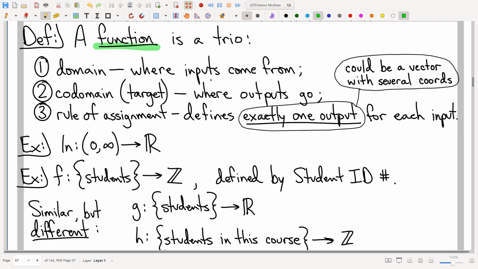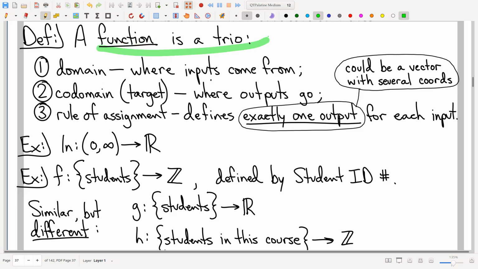But honestly, even when you get to single variable calculus, this misunderstanding is a problem. It's a problem that gets glossed over in most single variable calculus classes. We're not going to be able to do that in this class, so we are going to have to be more careful.